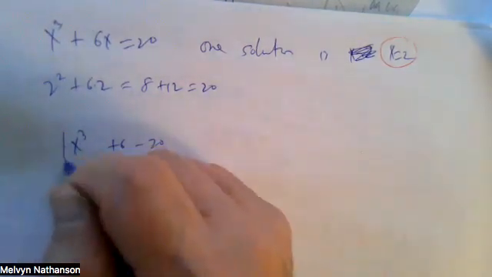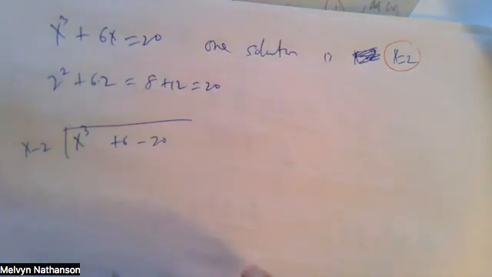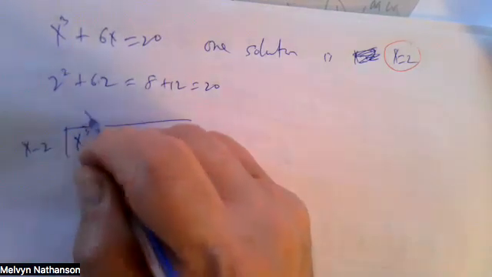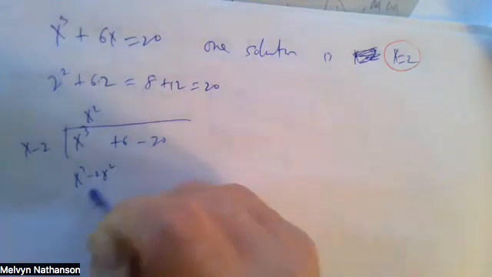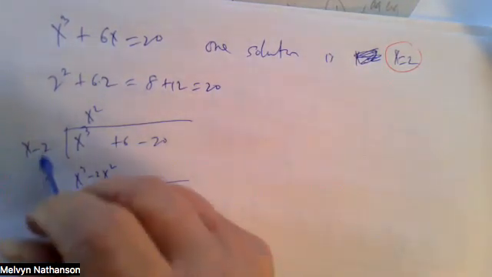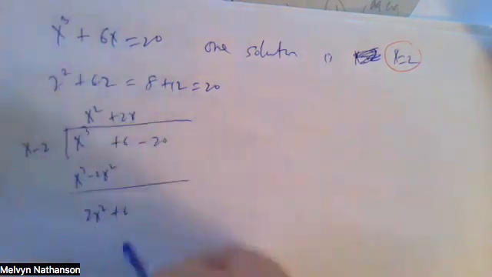If I divide this by x minus 2, so you're supposed to know how to divide one polynomial by another. This goes in x squared. I get x cubed minus 2x squared. Subtract, I get 2x squared plus 6x. x minus 2 goes into this 2x times.